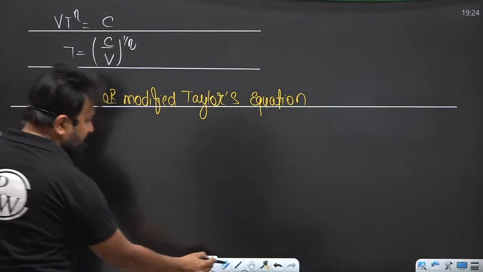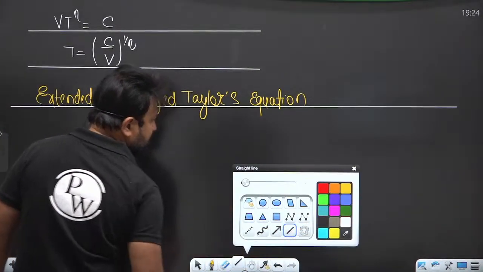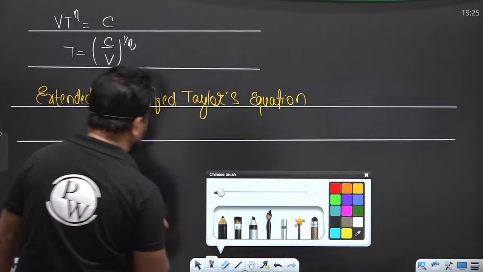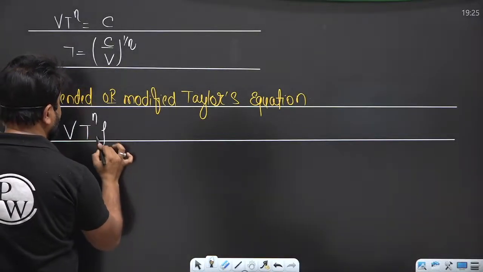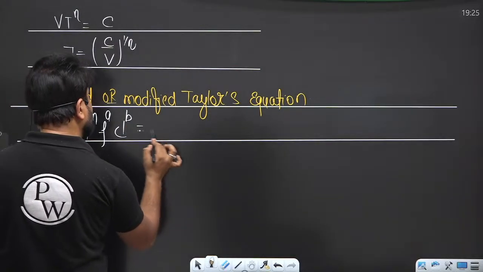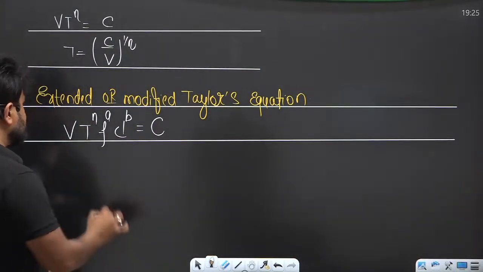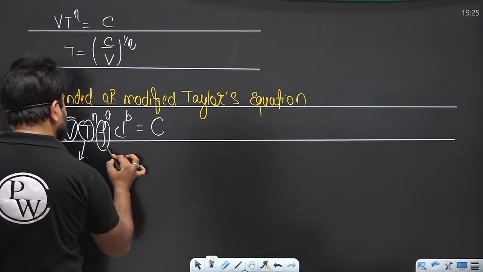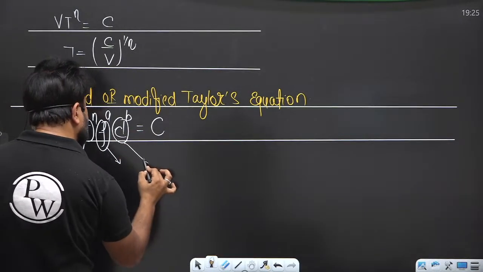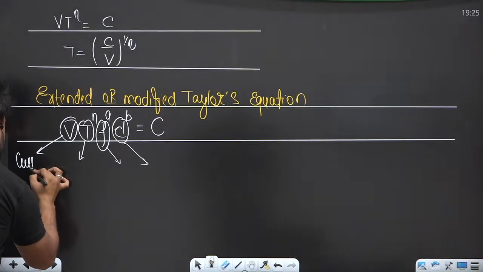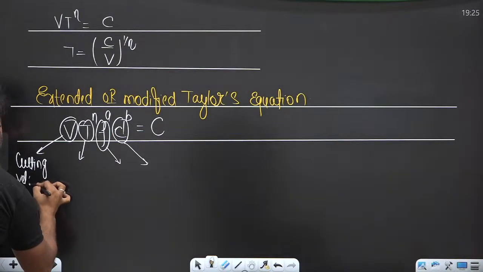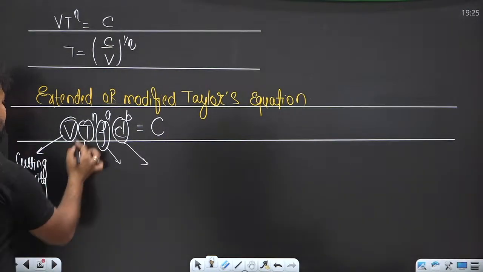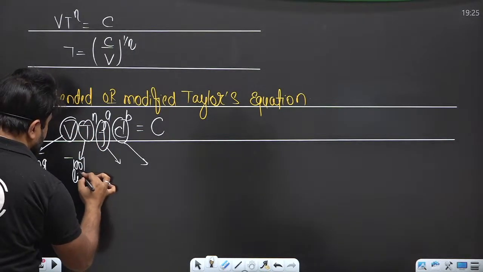Now what is that equation? The equation is pretty simple. Let me write it down. The equation is V to the power n, f to the power a, d to the power b equal to C. T, as usual, is the tool life. V is the cutting velocity, and the unit is meter per minute.